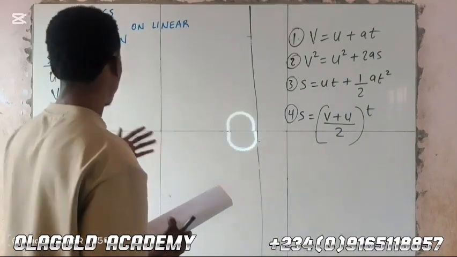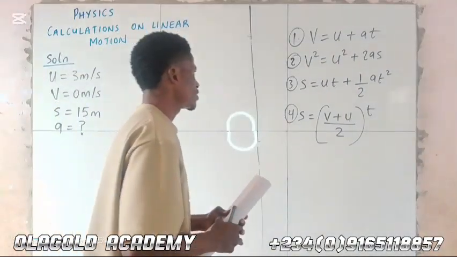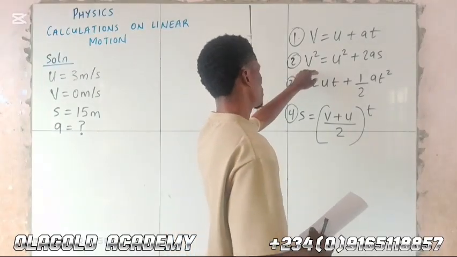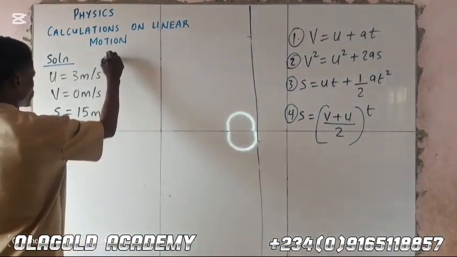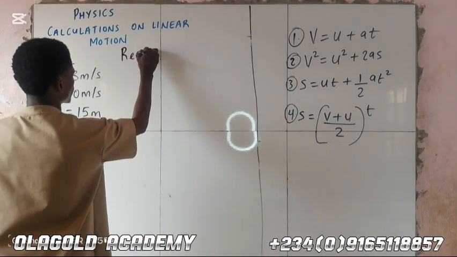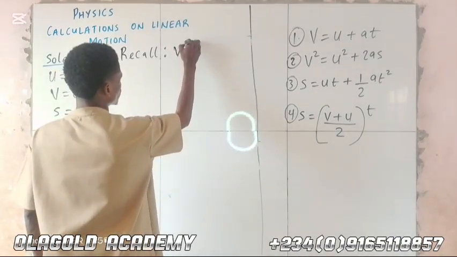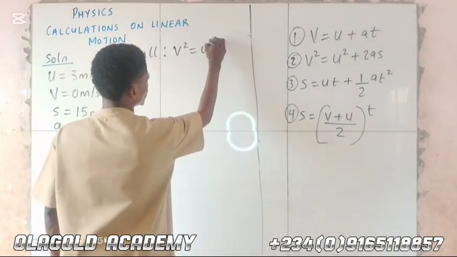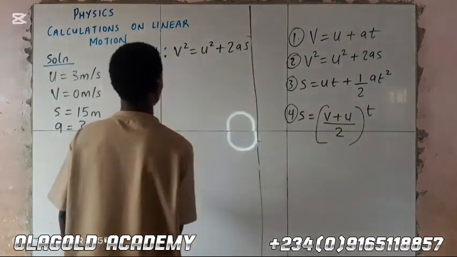What formula is the best formula to make use of here? If we check carefully, we can see that equation 2 is the best formula to make use of. So let's input our given parameters. Let's recall that v squared equals u squared plus 2as.